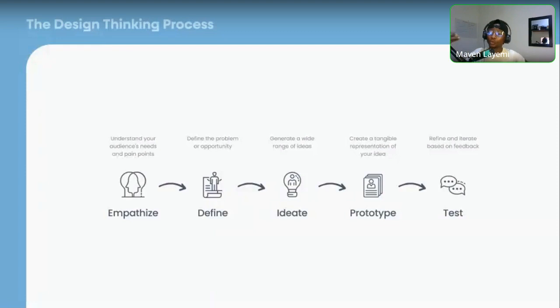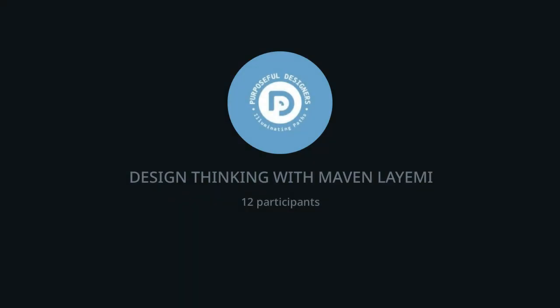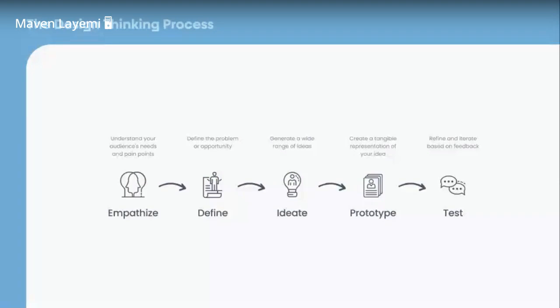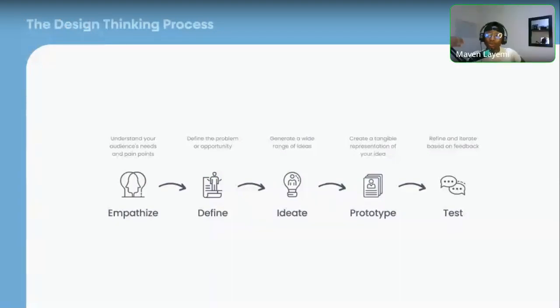You put yourself in the shoe of the client when you're getting the brief, you understand very well. Then you put yourself also in the shoe of the audience, that is the user. Then you define the problem. You go to the next stage and see, what are we actually solving?